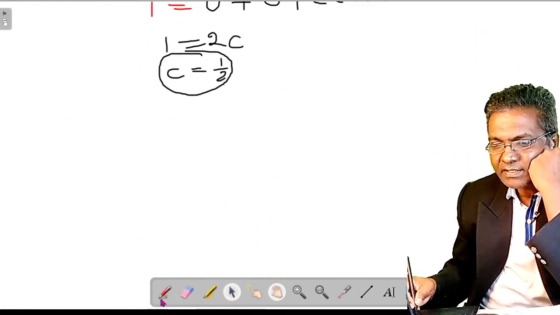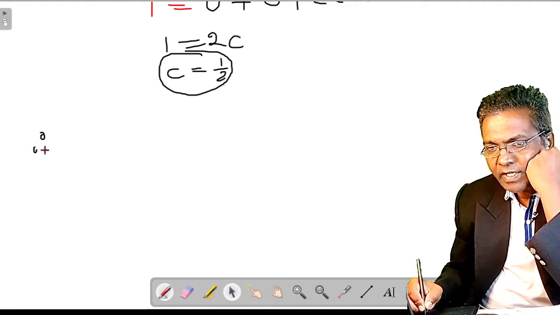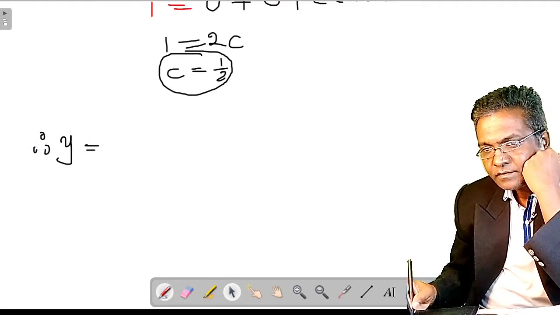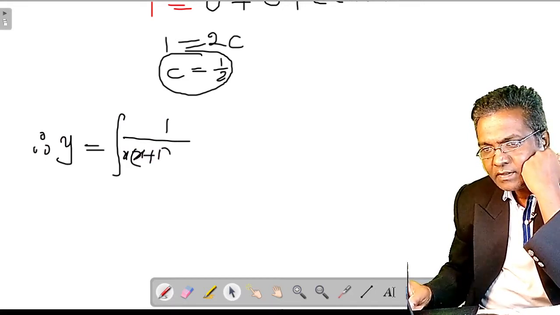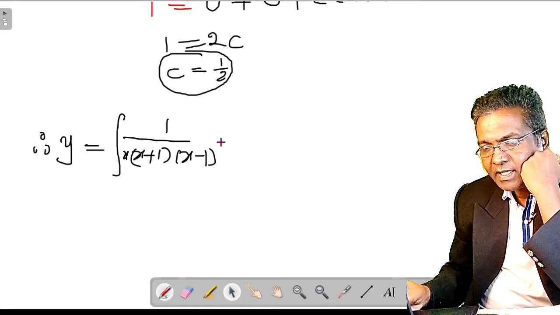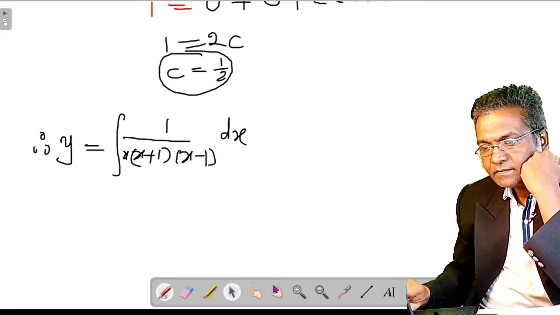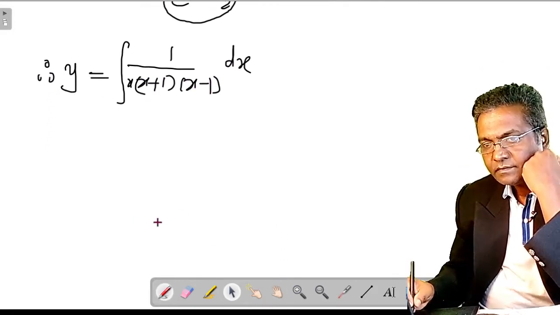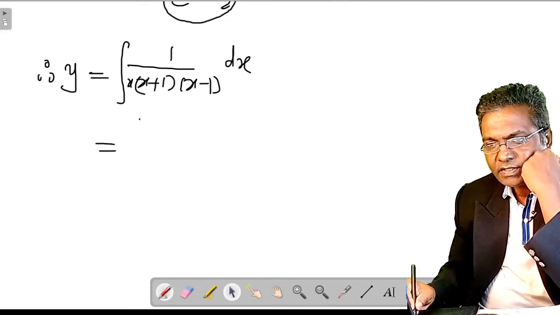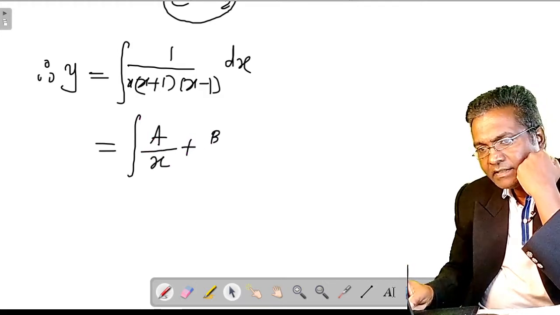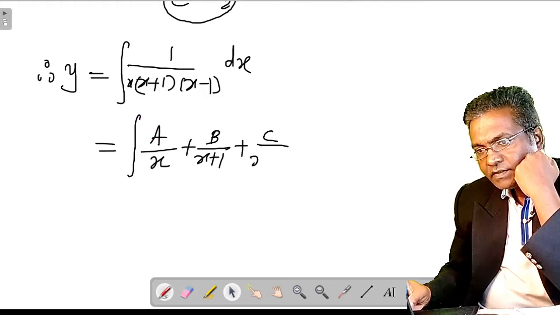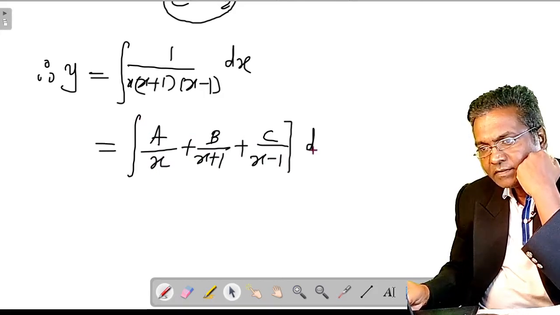So I can write, therefore y is what we had, this 1 by x into x plus 1 into x minus 1 dx. This is equal to, we have written it by partial fraction, a by x, b by x plus 1, c by x minus 1.